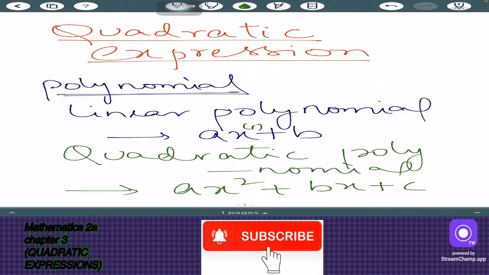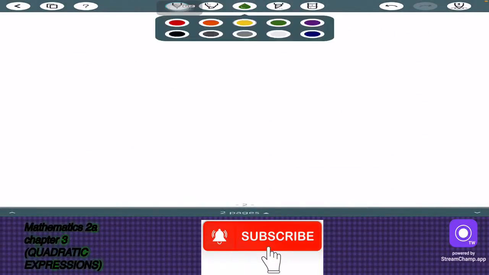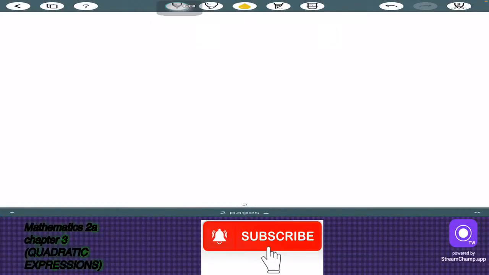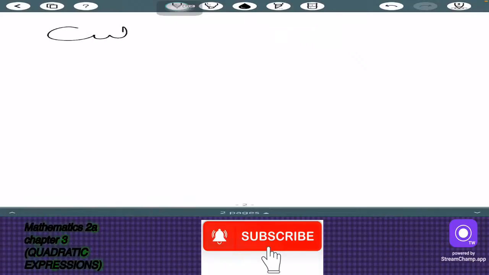If you go for the 3, like a cubic polynomial, in addition to the quadratic polynomial, you need one more x, like ax cube. You're going for cube, so it is a cubic polynomial.